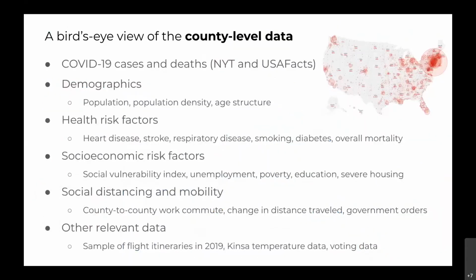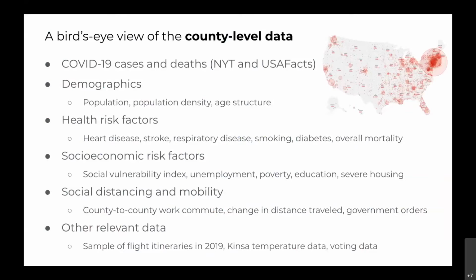Here's a bird's eye view of the county level data that we have in the repository. It includes things like, again, COVID-19 cases and deaths, demographics, including population density, age structure. There's also health risk factors, particularly those pertaining to COVID-19, like heart disease, stroke prevalence, respiratory disease, smoking, diabetes.